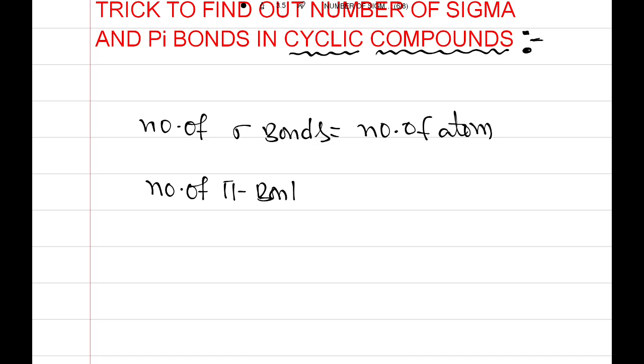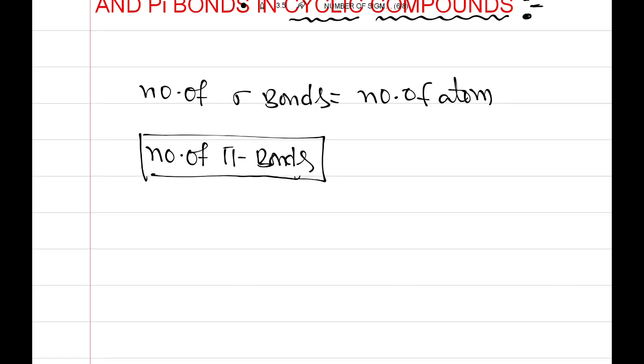to find the number of pi bonds, we have different cyclic compounds: monocyclic compound, bicyclic compound, tricyclic compound, and so on. The monocyclic, bicyclic and tricyclic compounds each have a different formula.